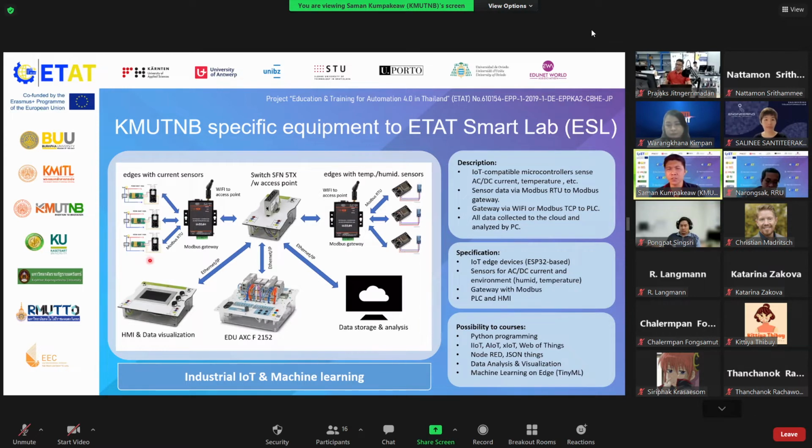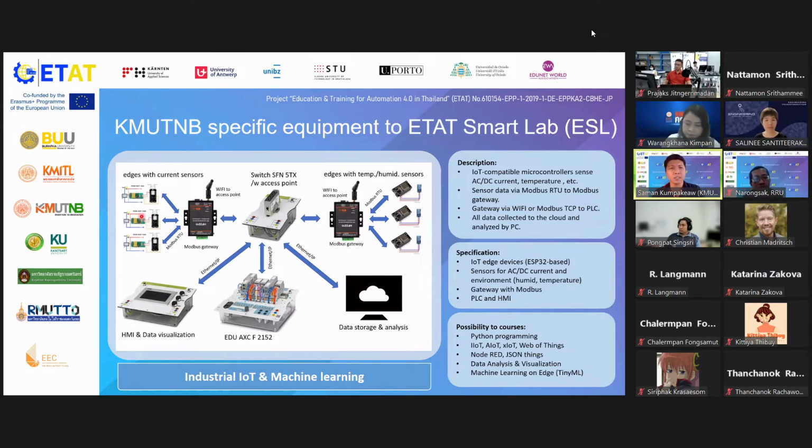For example, here I will choose the AC DC current measurement, because at the house we have AC, alternating current electricity, and in the near future we will have more EV cars, electric vehicles, which are fitted with direct current. So this will simulate how to measure with the IoT the AC and DC current, and some environment measures, for example temperature and humidity and so on, where our data is collected to the cloud.